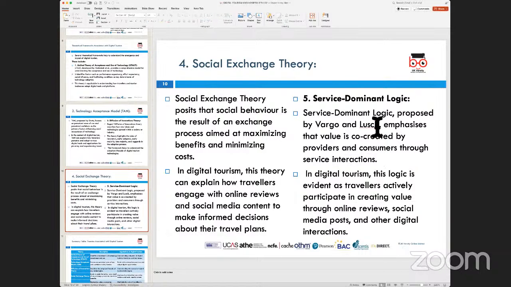Now, when we look at the service dominant logic model here, this particular model focuses primarily on understanding how much the customer is willing to pay. And say, for example, in some cases, this framework or model is actually based on what are the products or services which would be valuable to customers when you go in for a particular holiday.